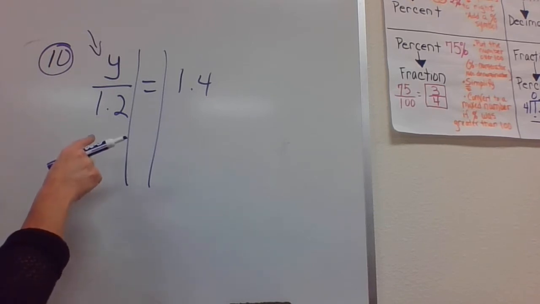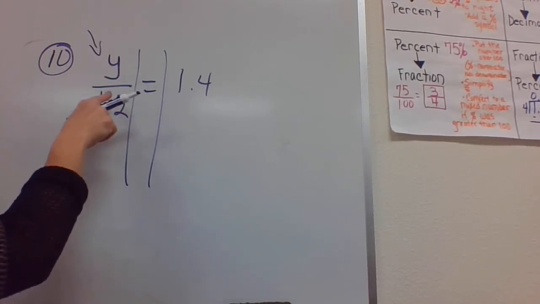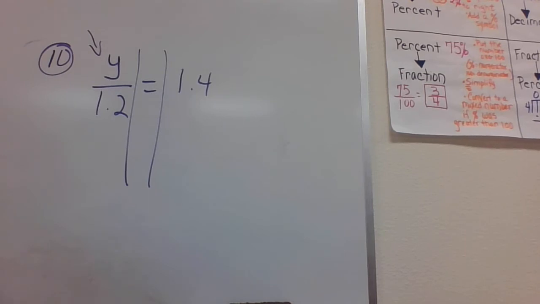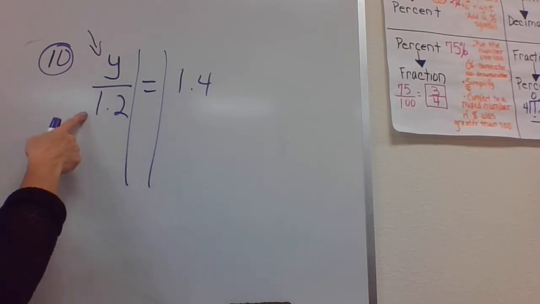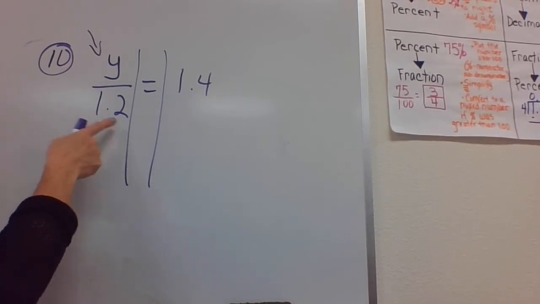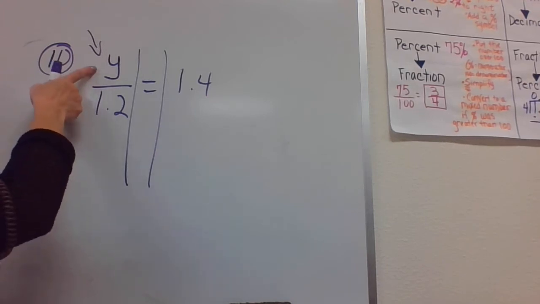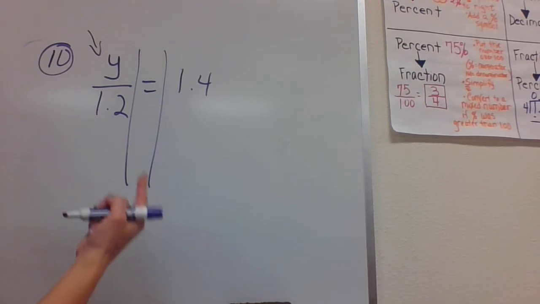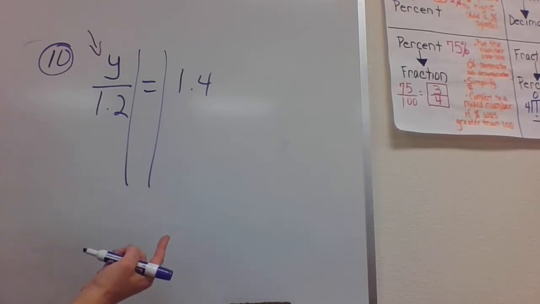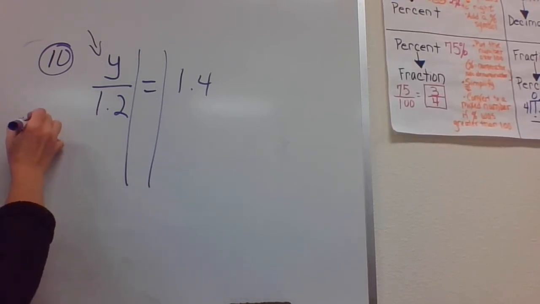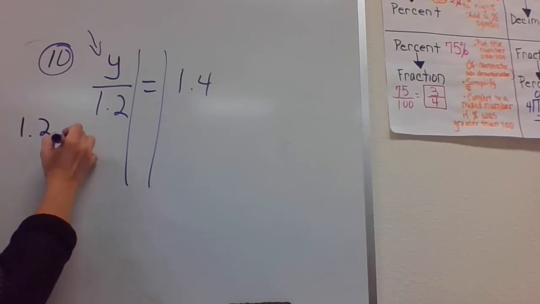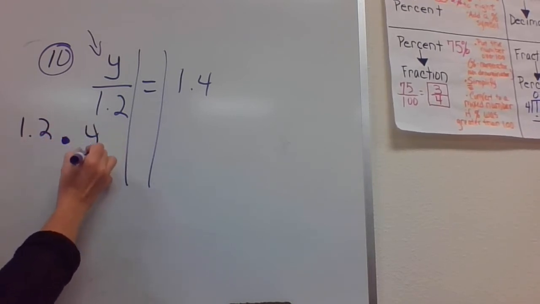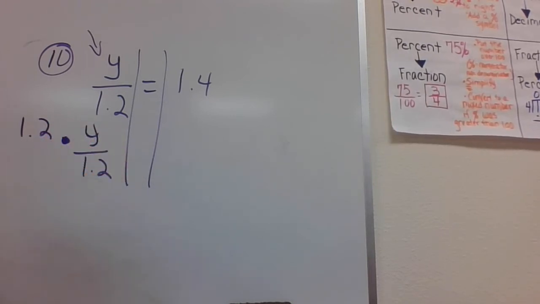The inverse operation of division is multiplication. My y is being divided by 1 2/10, so I must do the inverse operation, which is multiplication. So I must multiply by 1 2/10 on both sides.